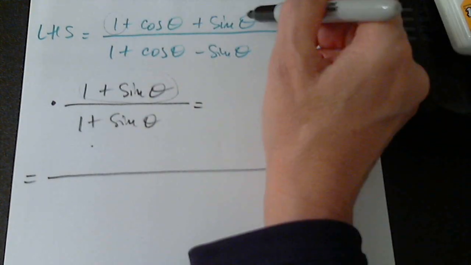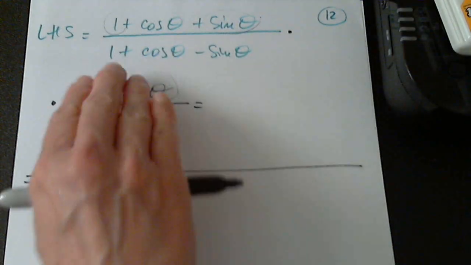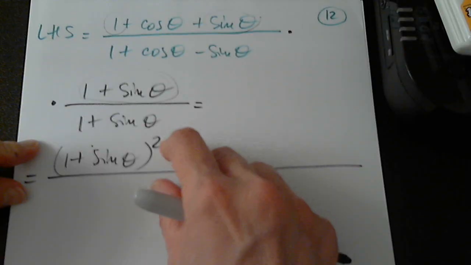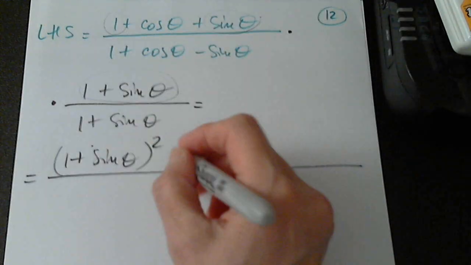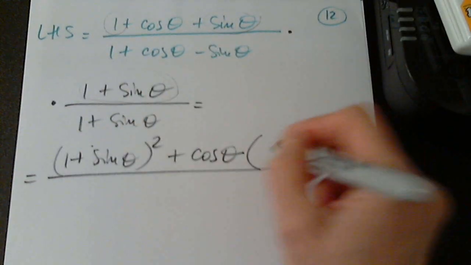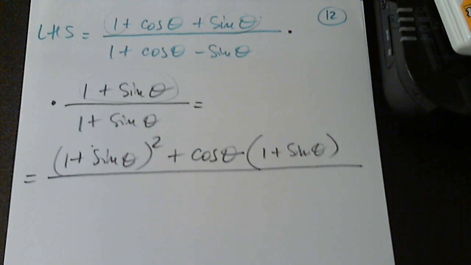I have a 1 plus sine. 1 plus sine times 1 plus sine is 1 plus sine theta squared. So I distributed this to these two terms, and I have 1 plus sine squared. Now I have to distribute this to cosine. So plus cosine theta, parentheses, 1 plus sine theta. One more time.